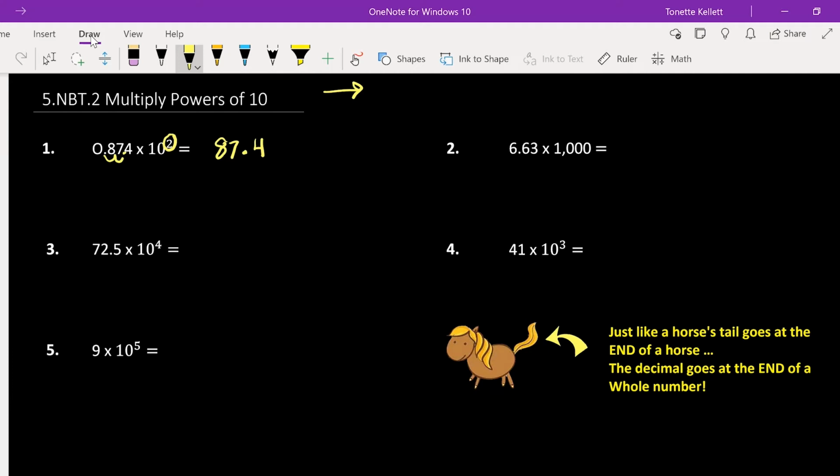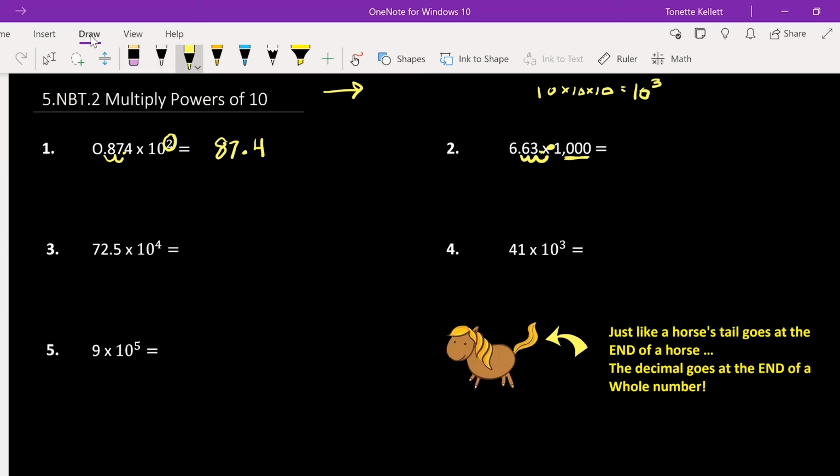All right, let's take a look at the next one. We don't have an exponent. Instead, we have the 3 zeros, which is the same as 10 times 10 times 10, or 10 to the 3rd power. So we know in this case, we're going to move the decimal 3 spaces, and we're still going to go to the right. So we go 1, 2, 3 spaces, and we have an empty space right here at the end.